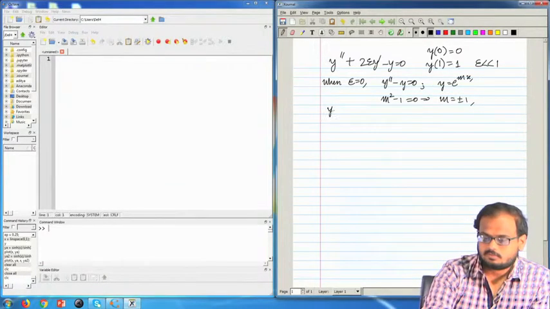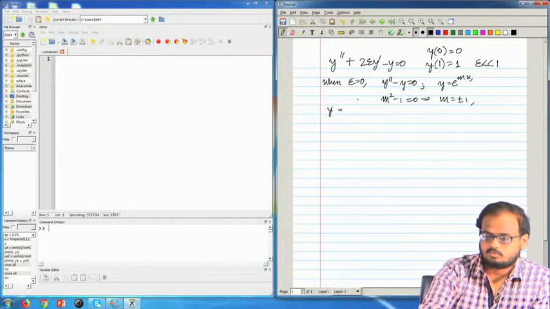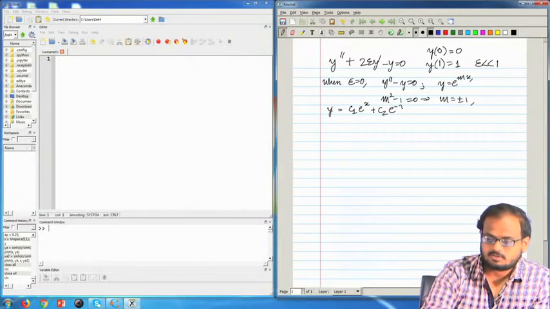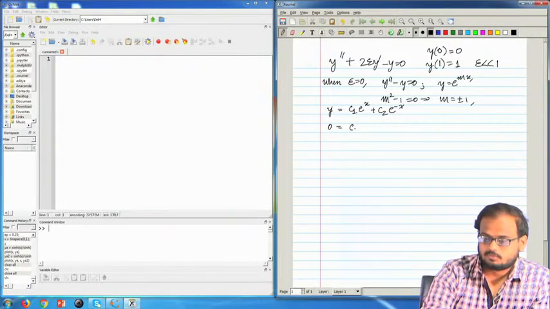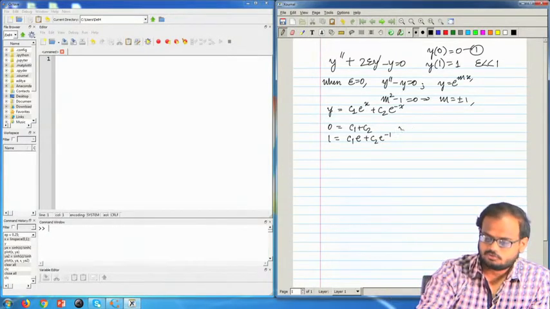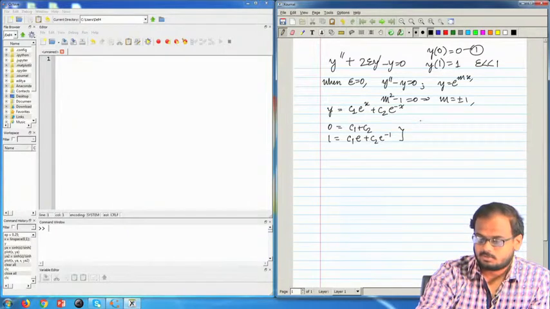So, the solution y is equal to c1 e raised to x plus c2 e raised to minus x. So, 0 is equal to c1 plus c2 when we use boundary condition 1, and 1 equal to c1 e plus c2 e raised to minus 1. The solution may be found by multiplying the above equation by e raised to minus 1.